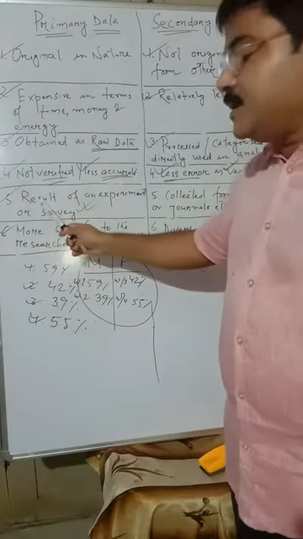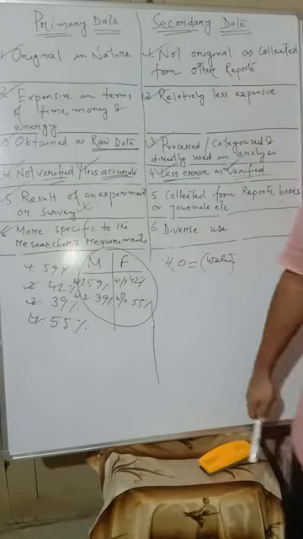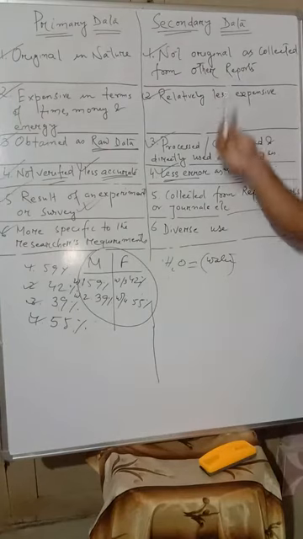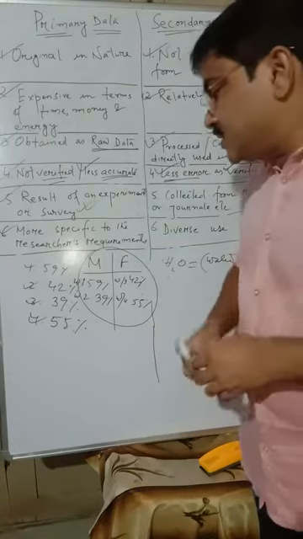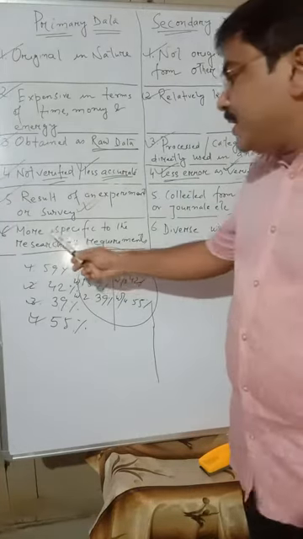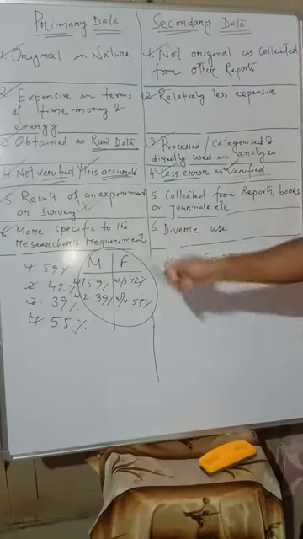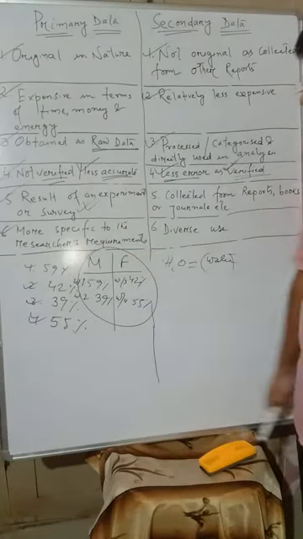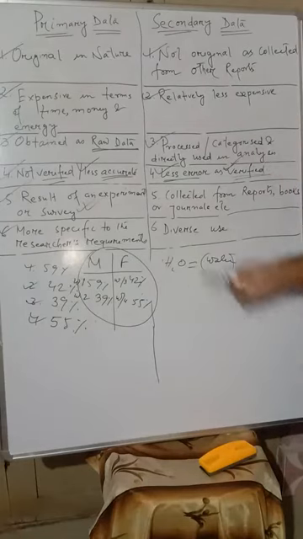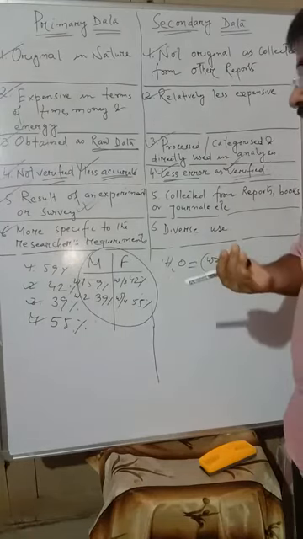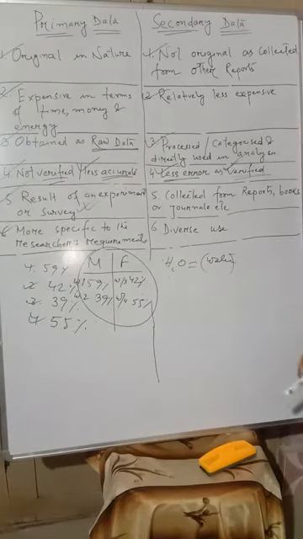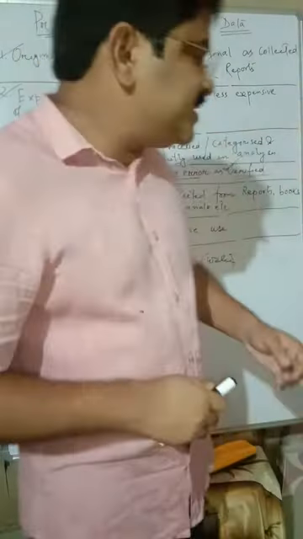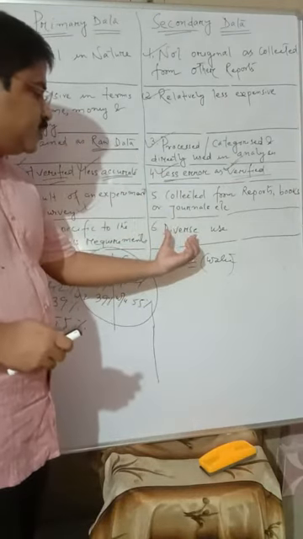Now the primary data is the result of some experiment or survey, but the secondary data is collected from some published or unpublished sources. Again, this primary data is more specific because it fulfills the specific requirements of the researcher or investigator, but the secondary data is less specific, because the secondary data has diverse use.